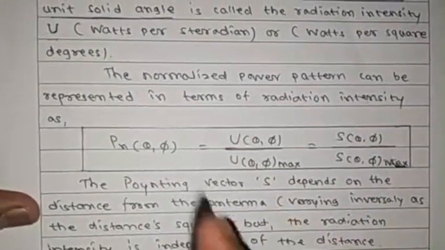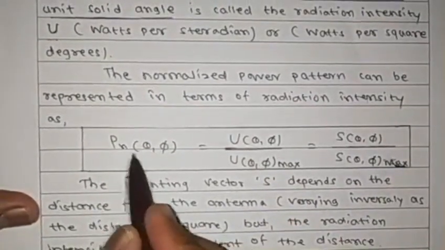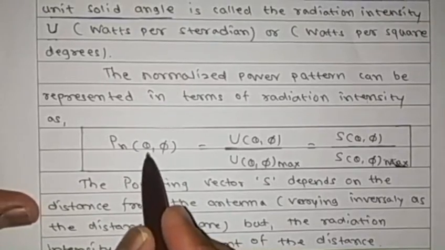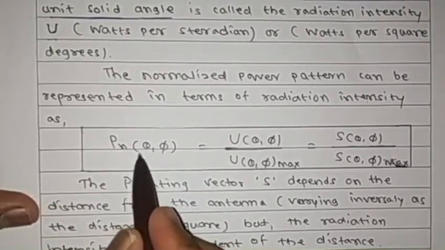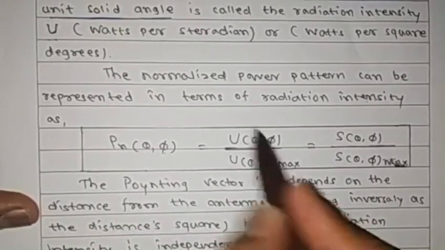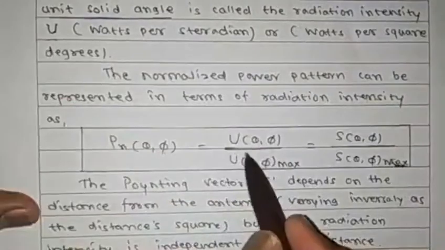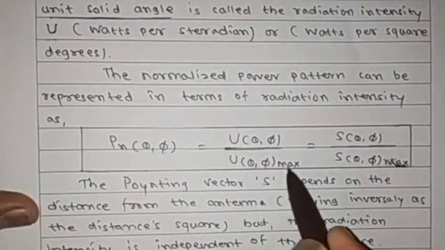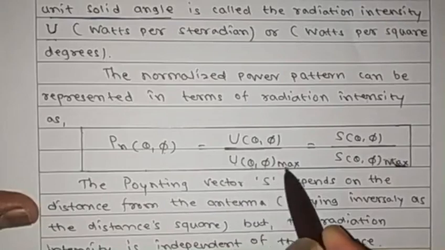We normalize the power, which is a function of theta and phi. It can be power or electric field. So the normalized power as a function of theta and phi can be represented in terms of radiation intensity U as U of theta comma phi divided by its maximum value, U of theta comma phi max.